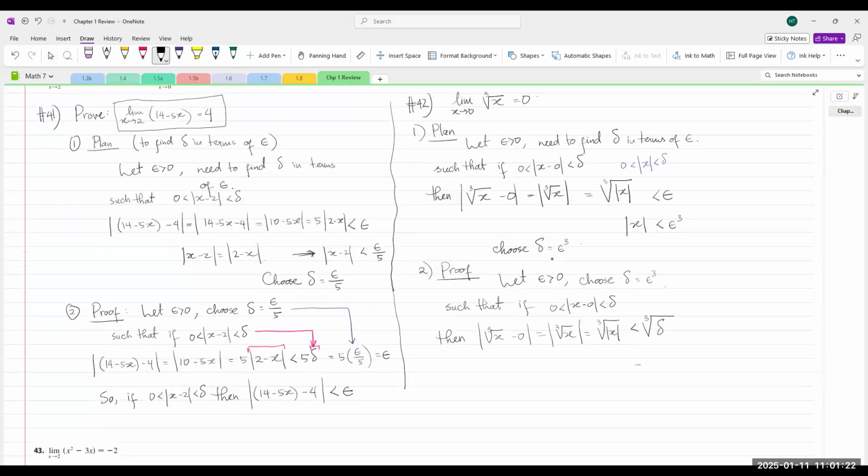But delta itself is epsilon cubed, so its cube root is epsilon. So if the absolute value of x minus 0 is less than delta and not 0, then the absolute value of the cube root of x minus 0 is less than epsilon. Therefore, it completes the proof.